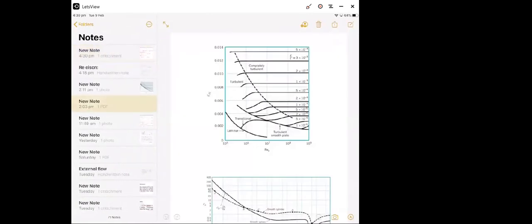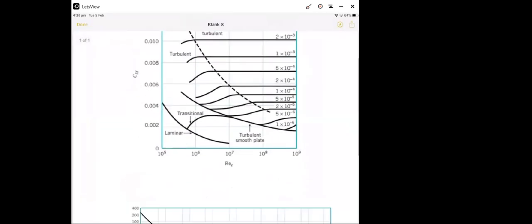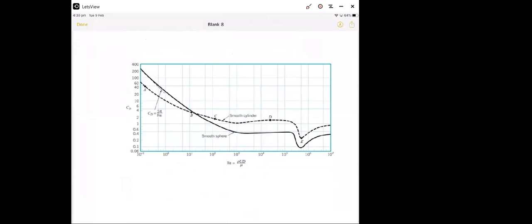We use this one, smooth sphere. 1.65 times 10 power 6 is around here.